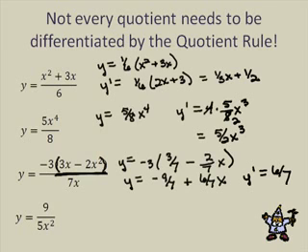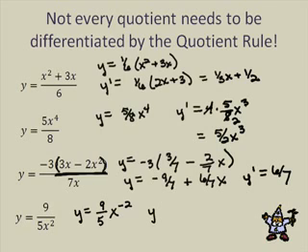This one, if I rewrite it, I've got y is equal to 9/5 x to the negative 2. So here again, we don't have to use the quotient rule because I don't have a function other than just a constant term in the numerator. So I can bring that x squared up and write it as x to the negative 2.